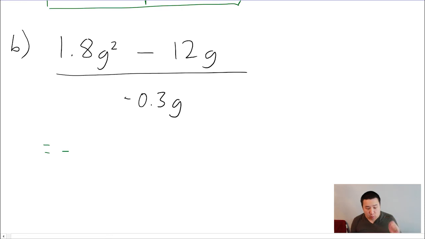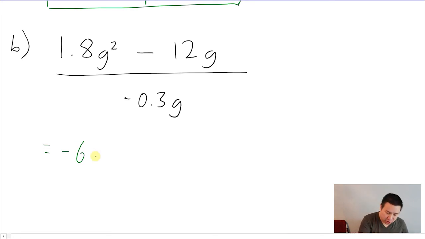And then 1.8 divided by 0.3, remember that you can either work this out by shifting the decimal points, and essentially do 18 divided by 3, or you can just use your calculator. This is going to work out to be negative 6. And then g squared divided by g, no calculator needed there.